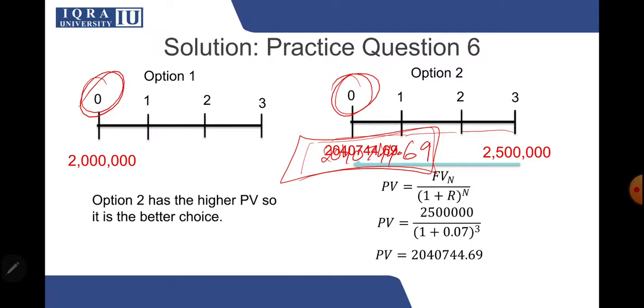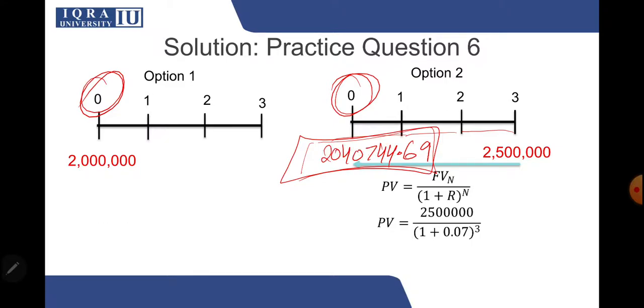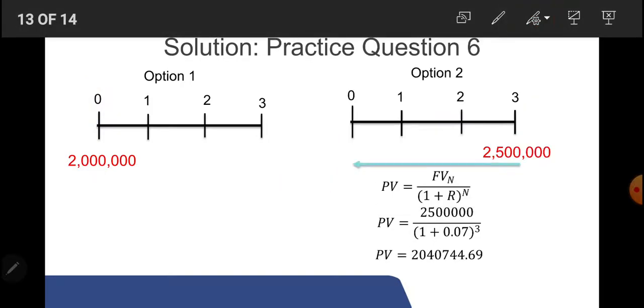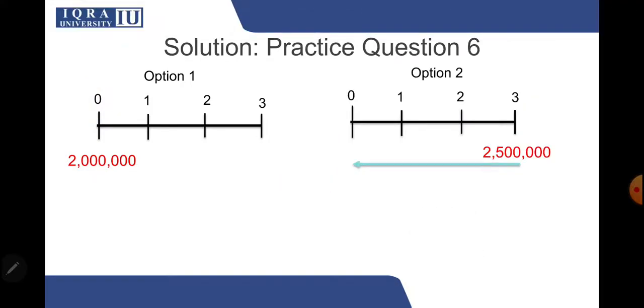Similarly, you can even calculate the future value. So I'm going to erase this. It is up to you which one you want to do. So if you want, you can even calculate the future value of this 2 million. If you get this 2 million right now, you're going to invest it at the 7% rate.